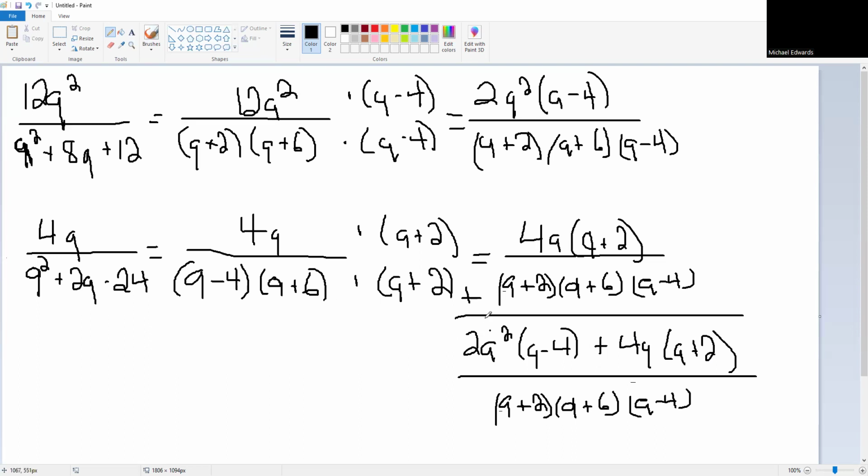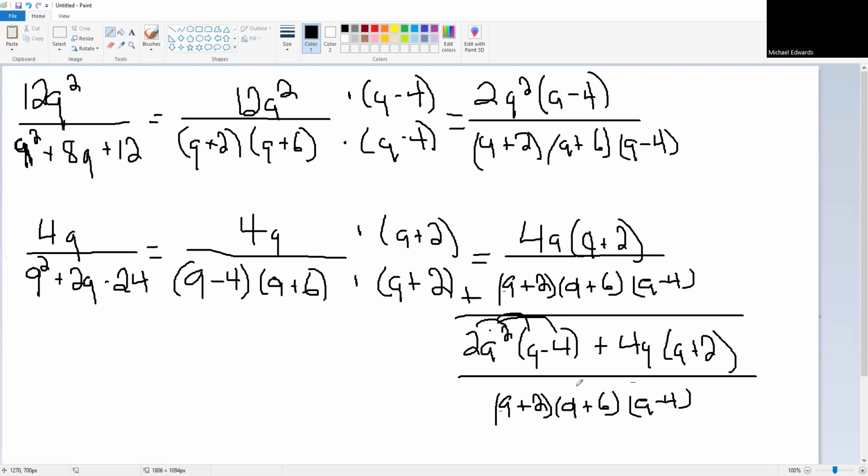You would take this and distribute into here and then into here. So you'd have 2q to the third minus 8q squared plus 4q squared plus 8q, something like that. Then you can simplify like terms, but I run out of space.